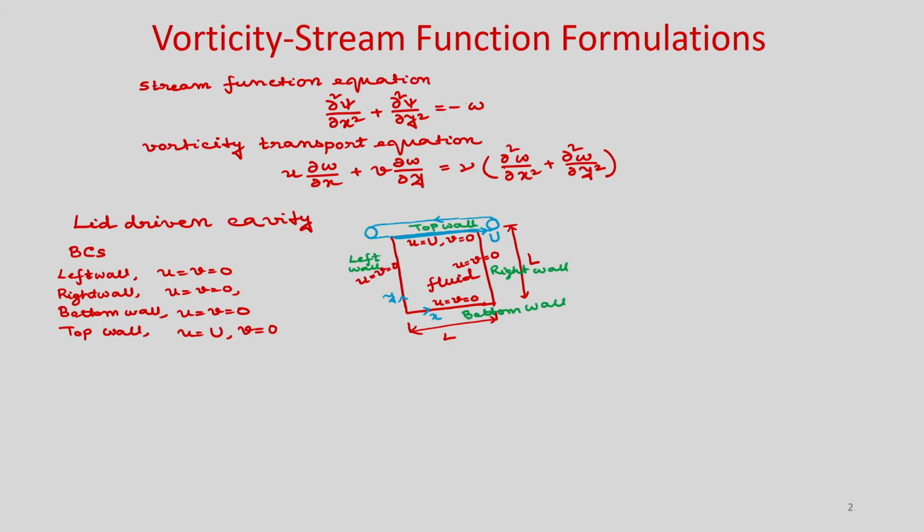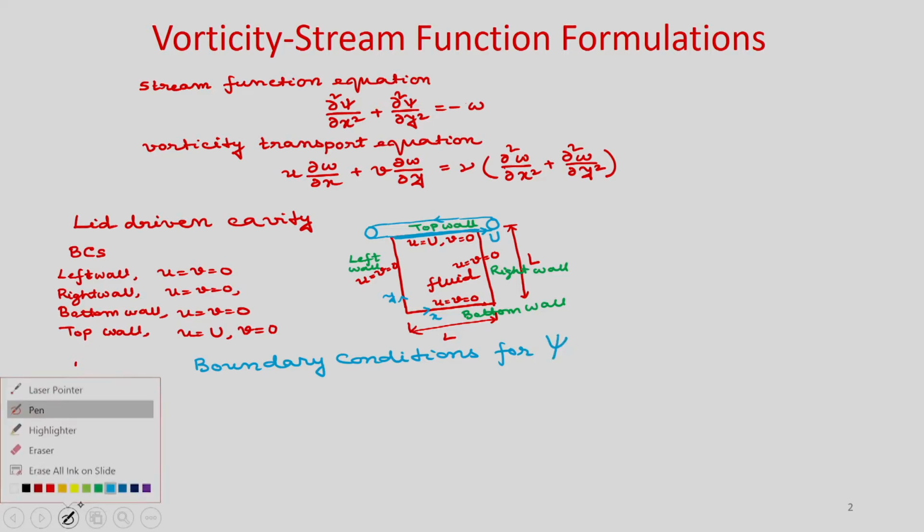First let us find the boundary conditions for psi, the stream function. To find them, we will first impose the normal velocity at each boundary.